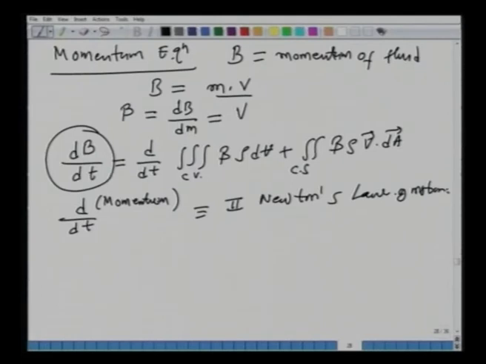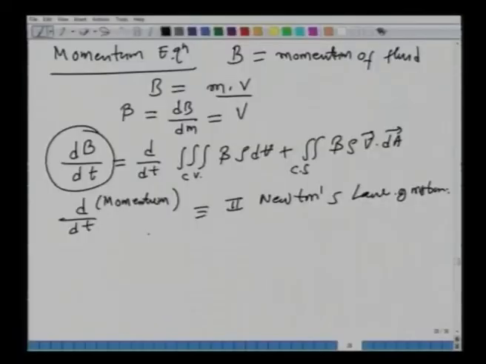And as per that, what is the time rate of change of momentum? It is nothing but the net force acting on the body. Earlier you have done in terms of the body, and now it is in terms of the control volume, on the flowing fluid. So you can write dB over dt is equal to the net force, summation F, acting on the fluid control volume. Okay. All right.